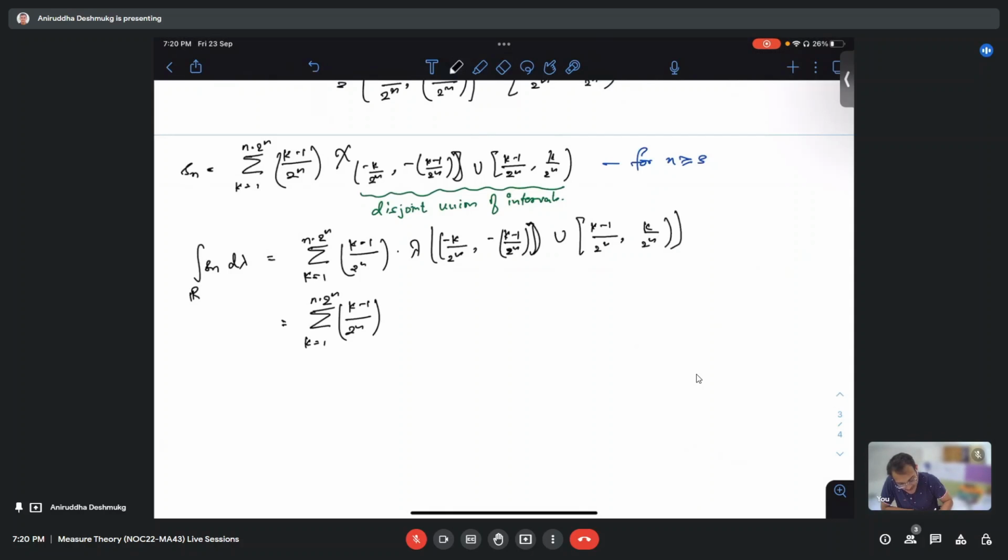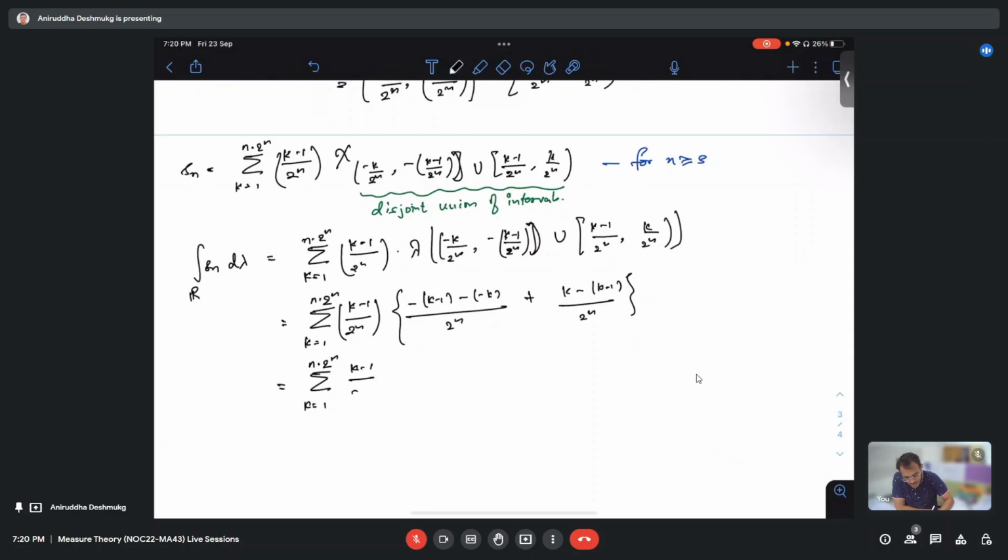Now, what is the length of the first interval? It is (-(k minus 1) minus (-k)) over 2^n, and the length of the second interval is also 1 over 2^n. They are equal intervals, so the lengths are going to be the same. Particularly, the length is 1 over 2^n here. So it is the sum from 1 to n·2^n of (k minus 1)/2^n times 2 over 2^n.